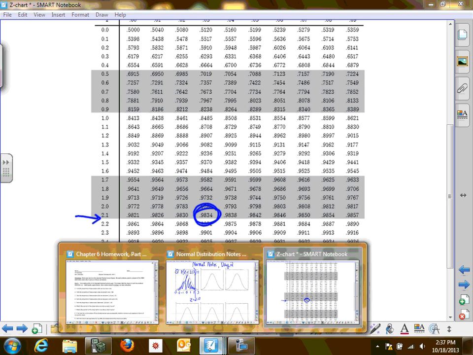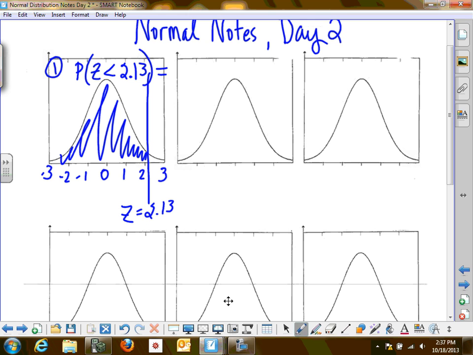So the answer to this problem is 0.9834. So 98.34% of the data is below a z-score of 2.13. That's what that's saying. Okay.